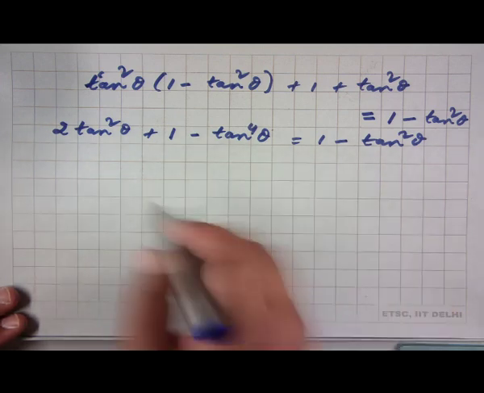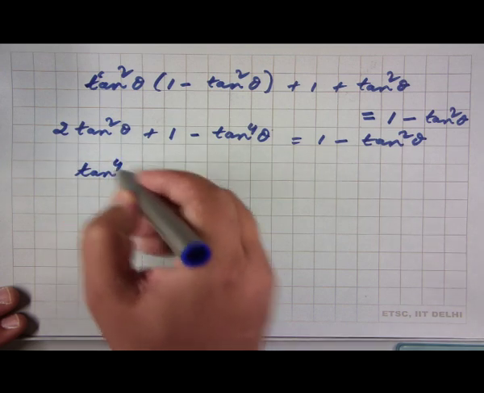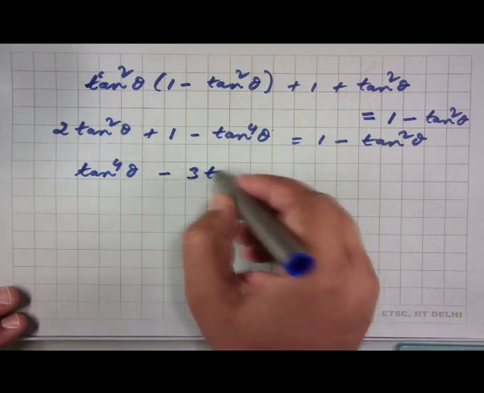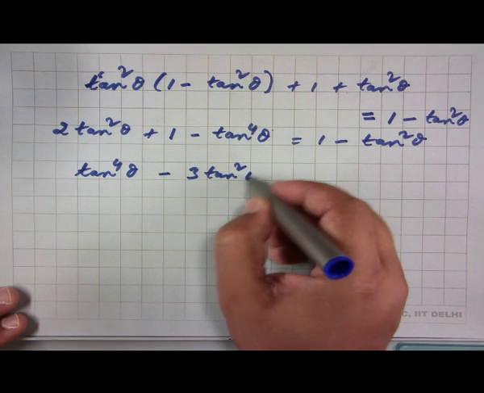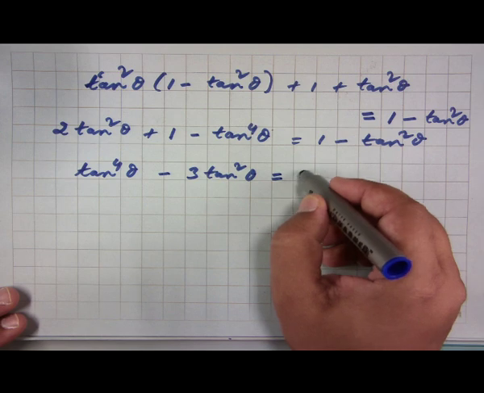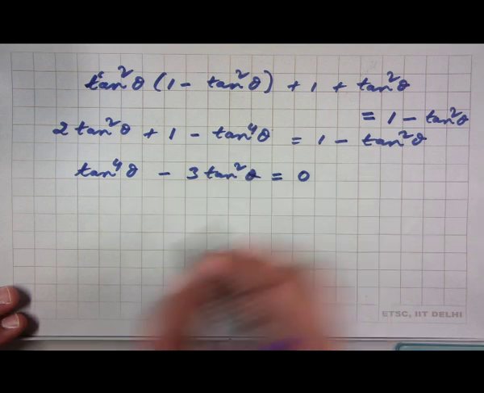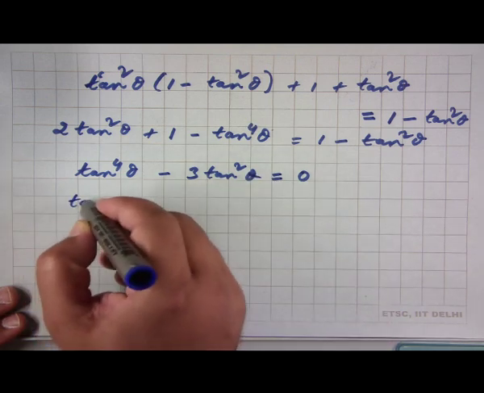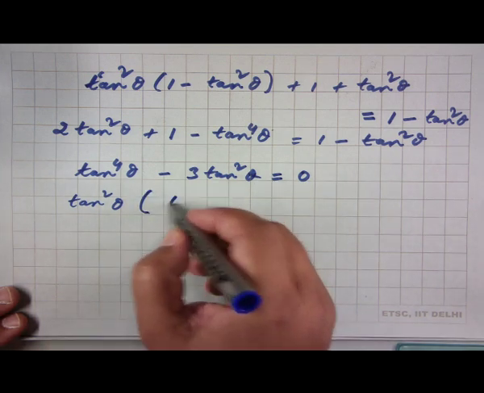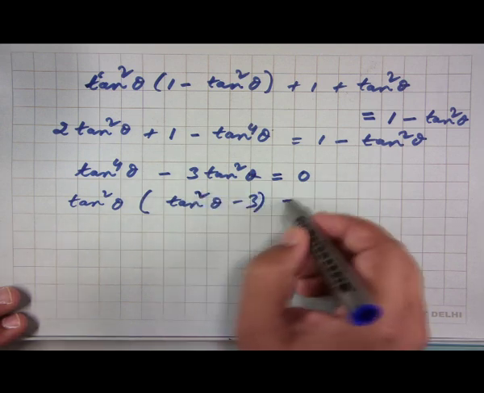Then if we rearrange this a little bit, we get tan 4 theta minus 3 tan square theta equals 0, and therefore tan square theta into tan square theta minus 3 equals 0.